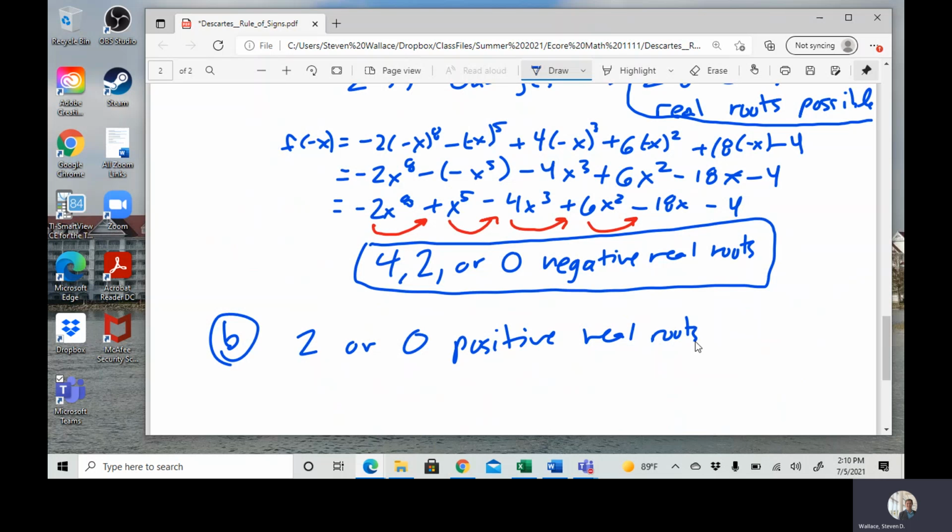Okay, and if I look at what happens when I put f of negative x in there, what happens? So if I put negative in here, this becomes negative, this stays the same, this stays the same, this becomes negative, and that stays the same.